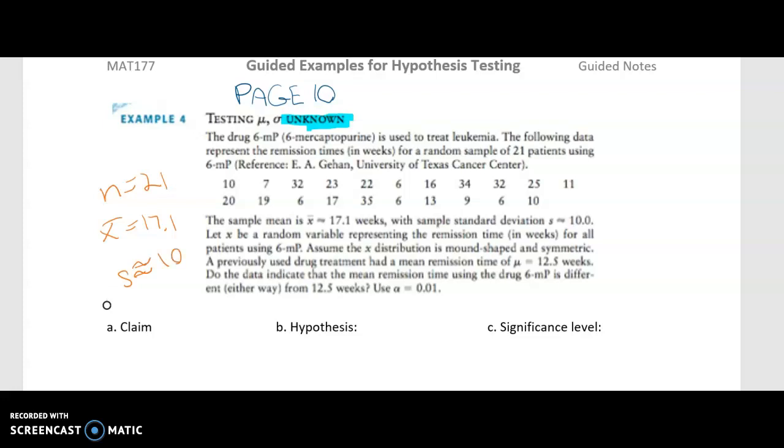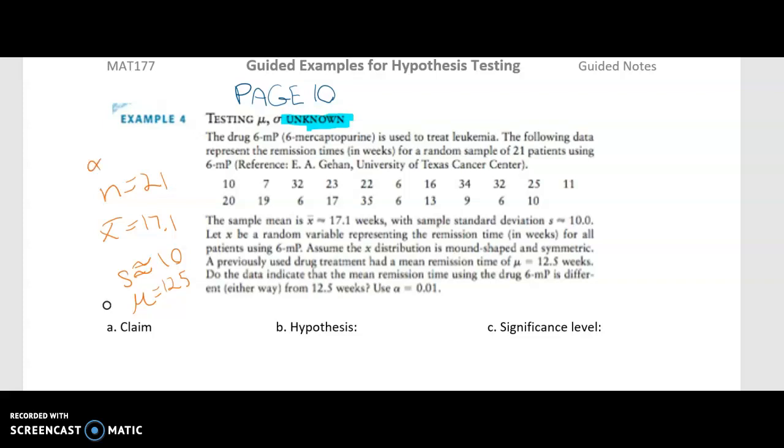Let x be a random variable representing the remission time in weeks for all patients using 6-MP. Assuming an x distribution is mound-shaped and symmetric. Previously used drug treatment had a mean remission time of 12.5 weeks. Do the data indicate the mean remission time for using 6-MP is different either way from 12.5 weeks?